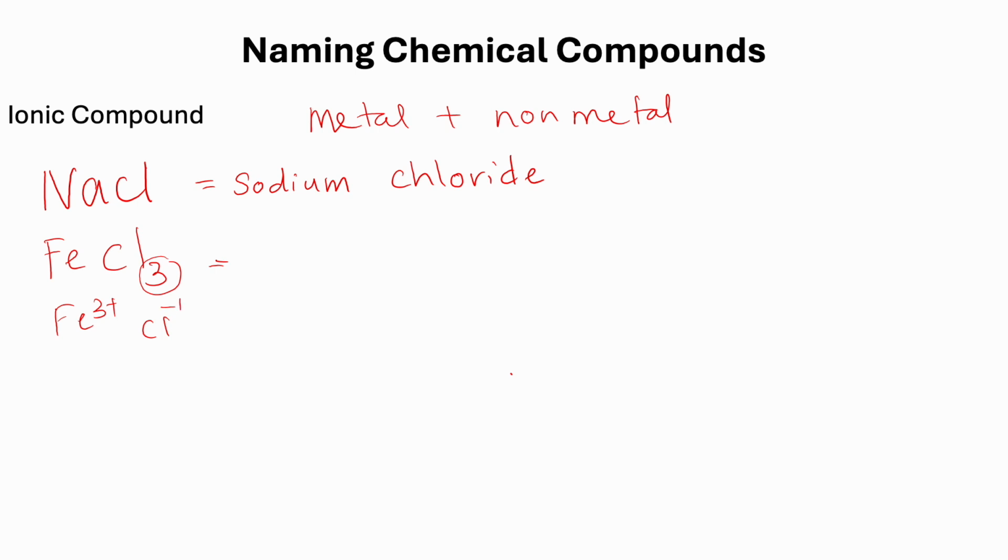Since iron has 2 different cations, here we have to mention the charge of the cation. So the name is iron, and we write the charge in Roman numerals 3, iron 3, and the non-metal part is chloride.